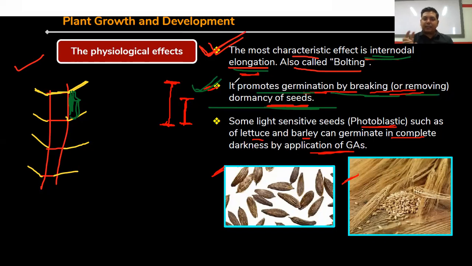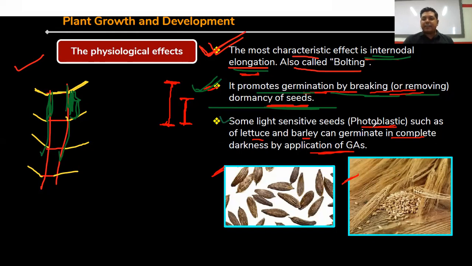So these are the two main functions of gibberellin. First one is internodal elongation, increasing the internodes of any plant stem so they can increase their length, and second, they promote the seed dormancy breaking process.